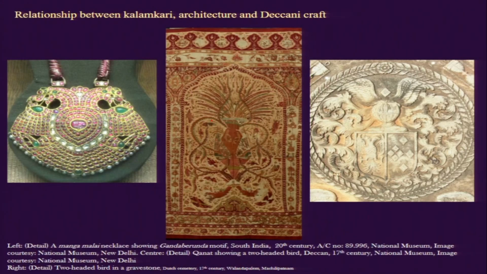So on one hand there is this Chinese influence of the phoenix motif, and on the other hand we have the deeply religious relevance of this icon, Gandaberunda, a form of Lord Vishnu. This bird is then framed within a cusped arch gateway, something we have already spoken about, a characteristic Mughal arch. On top of that we also see a battlement, which is seen in Bahmani architecture as well as in Mughal architecture.